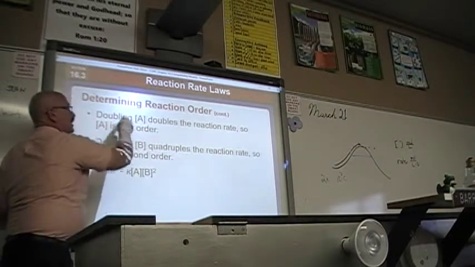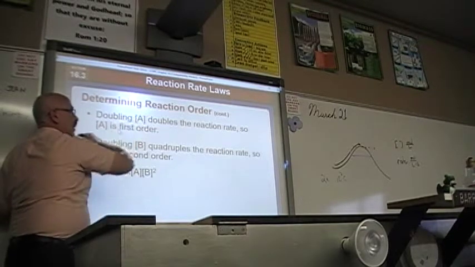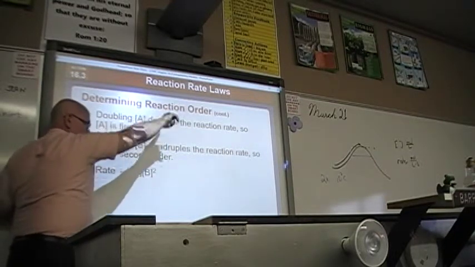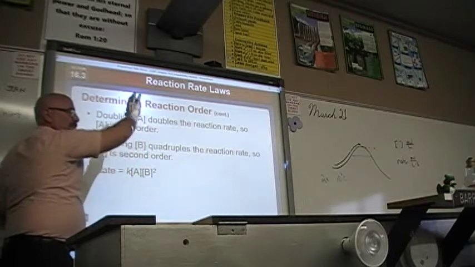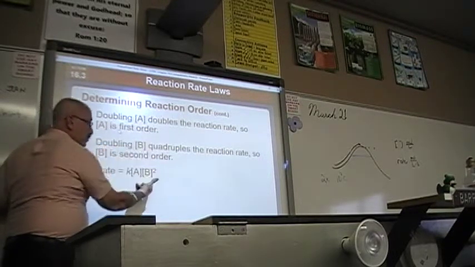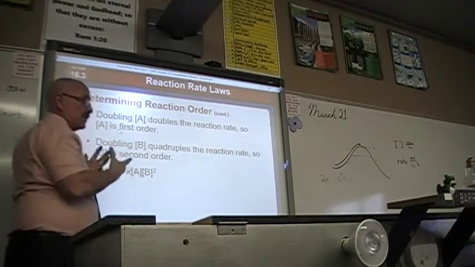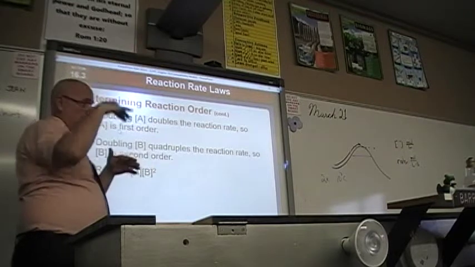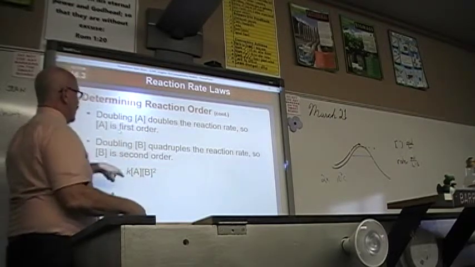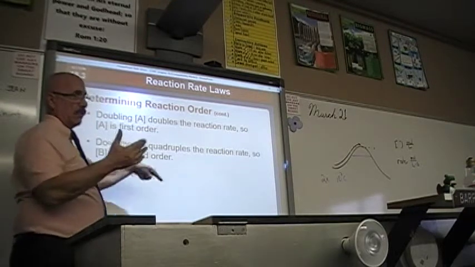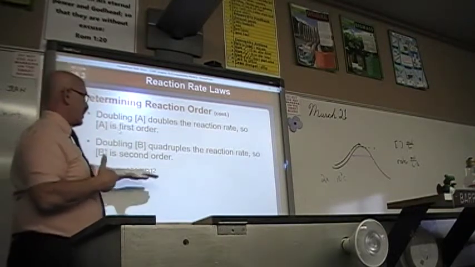And if you had experimental data that told you this, you had a graph that said this was linear, and you had a graph that showed this was quadrupling, which is a geometric progression, then you could write this out. And that's how scientists, chemists do that. They do the experiments, they graph the results of change of concentration over time, and they say, oh, it's first order, and we would say this is first order in A and second order in B. That's how you say that, okay?